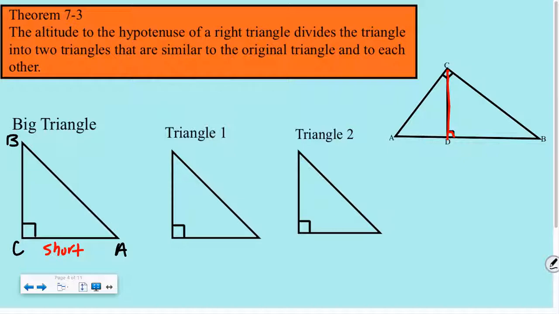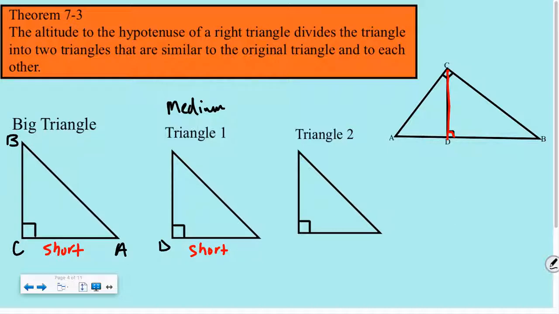My middle triangle, I want the bottom segment to be the shortest side of it. That's going to represent the medium length one, or the medium sized one, which is on the right side. So triangle CDB. Which letter, which vertex should I name my right angle there? D. You might have to look at yours.